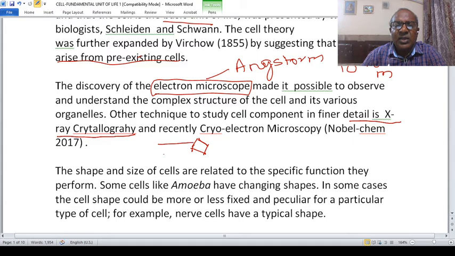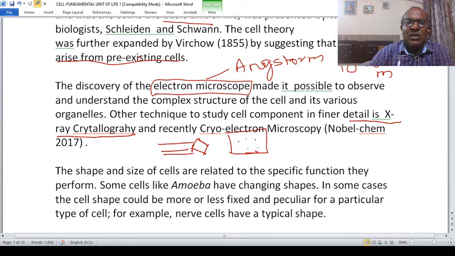Then you put X-rays on it, and this is recorded on a photographic plate in the form of dots. Then you use mathematical equations to find out the arrangement of atoms.